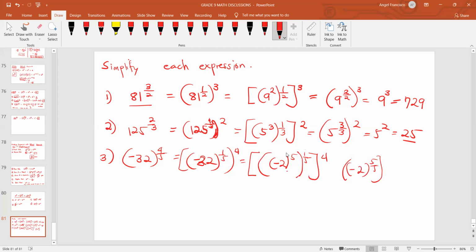Then, raised to the power of 4. So, negative 2 raised to the power of 1 ay negative 2. So, you have negative 2 raised to the power of 4. So, negative 2 times negative 2 times negative 2 times negative 2, 4 na beses is 16. And that is your value.